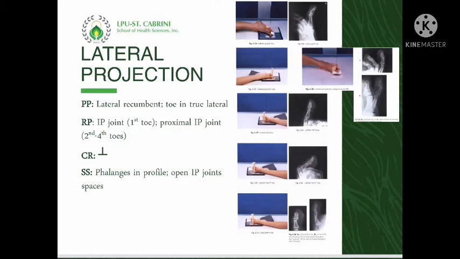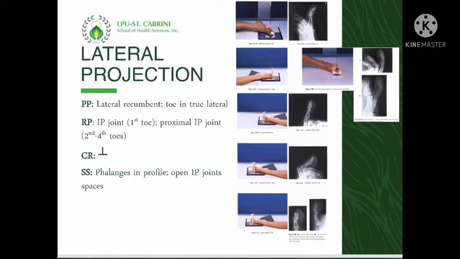If the affected toes are the third to fifth, place the patient in lateral recumbent with the affected side down. This position will give a mediolateral projection of the third to fifth toes. We can also use a radiolucent stick to separate the affected toe from the others. We can use a sandbag and place it on the elevated heel as a support for immobilization.